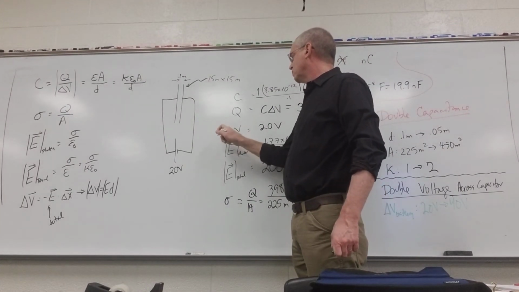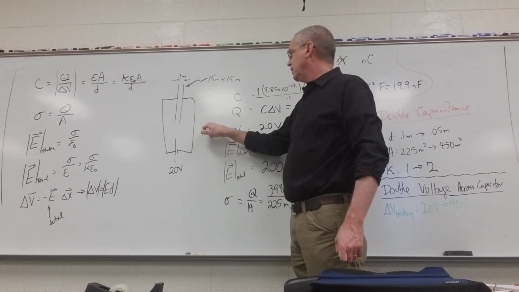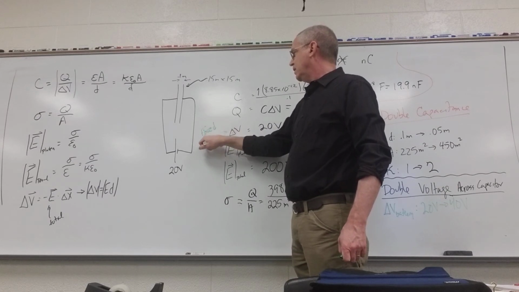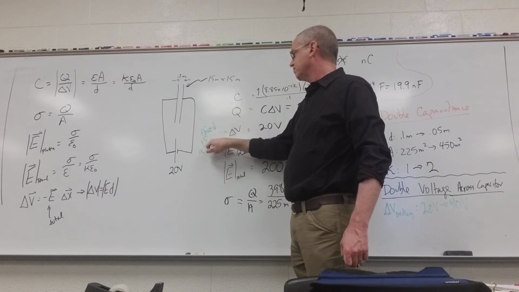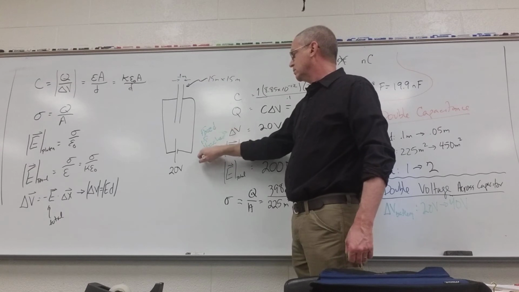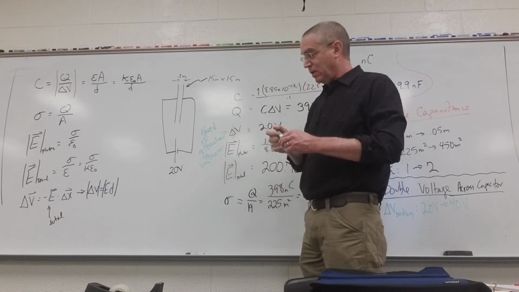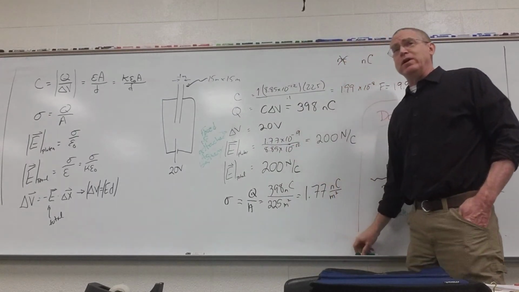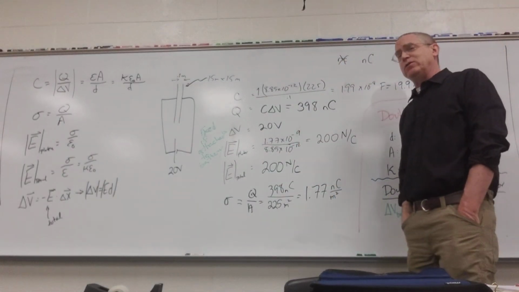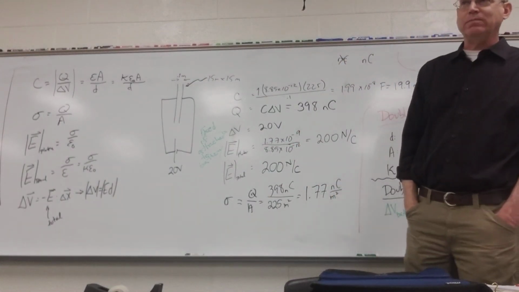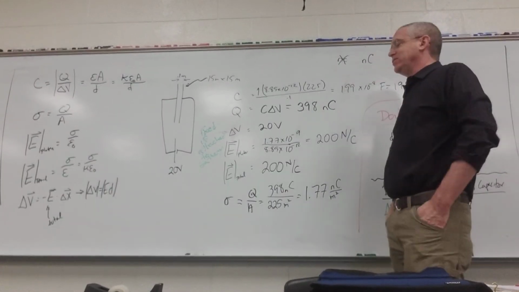So it's fixed if attached to battery. Therefore, if I want a different way of changing the voltage across the capacitor, what do I need to do first? Disconnect it from the battery. Yes.